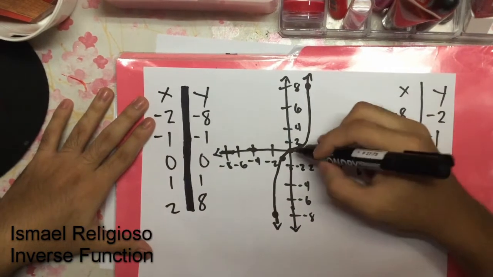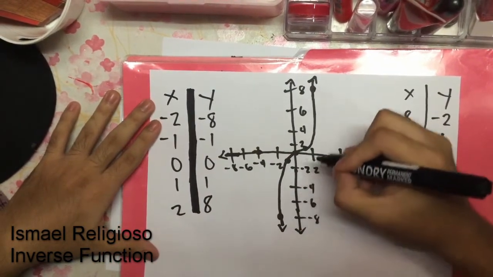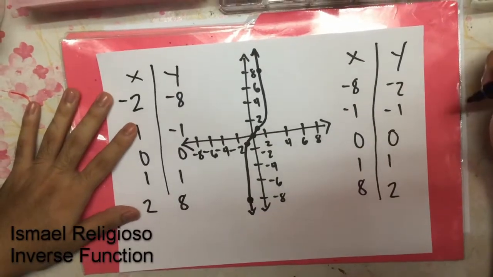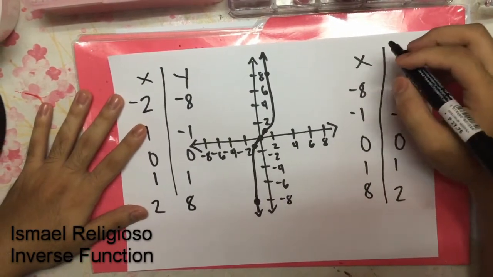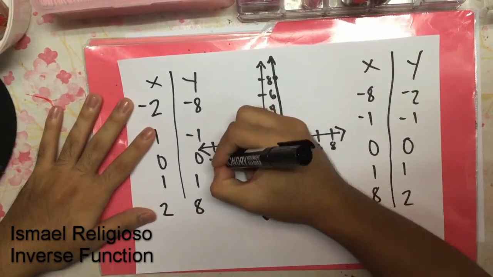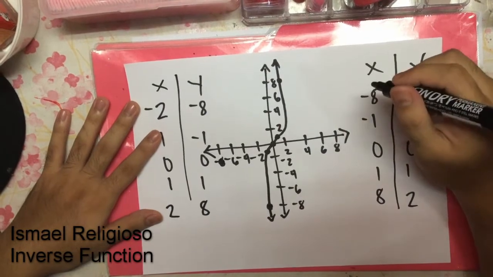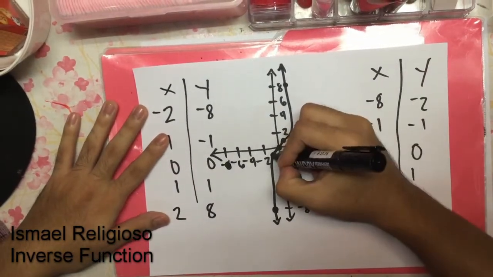So let's plot the points. So for the x, we're going to put it here, the negative. So let's plot the chart for the inverse function. So we have, for the x, -8, and for the y, -2. So we're going to plot it here. We have -1 for the x and -1 for y. So plot it here.